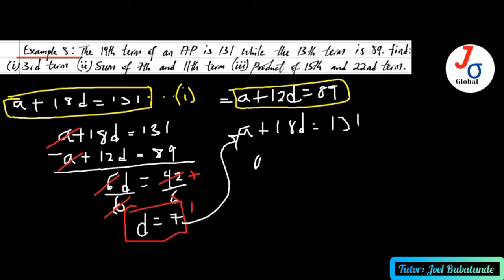You have A plus 18 times 7 equals 131. What's 18 times 7? 18 times 7 is 126, and that equals 131.